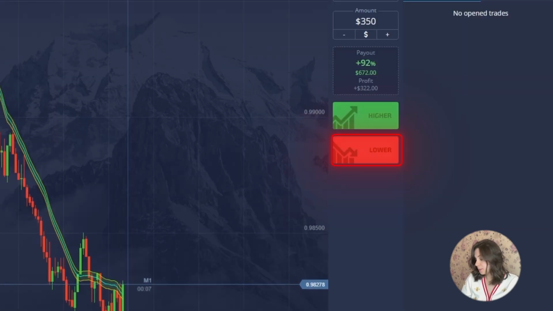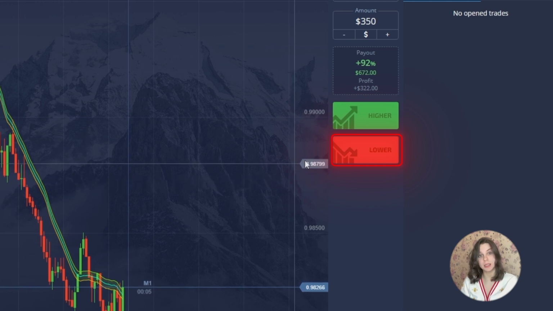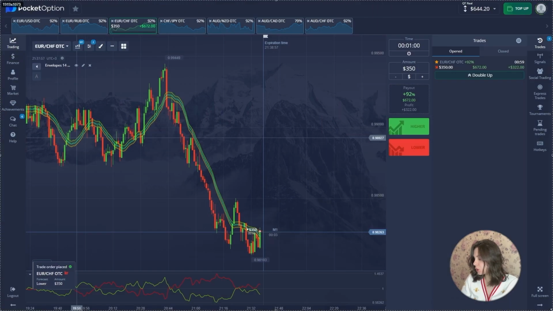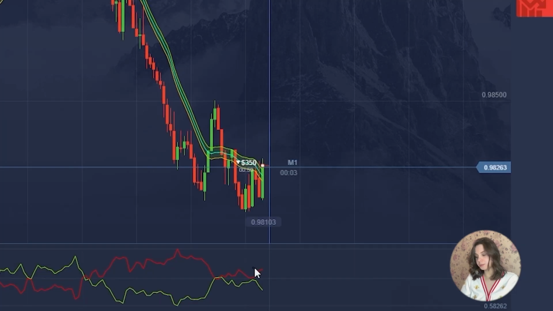Let's open a short position here and start a general analysis. At the moment we are observing that we have a breakthrough in the upper position, but according to the general situation and our indicators, we see a drawdown.